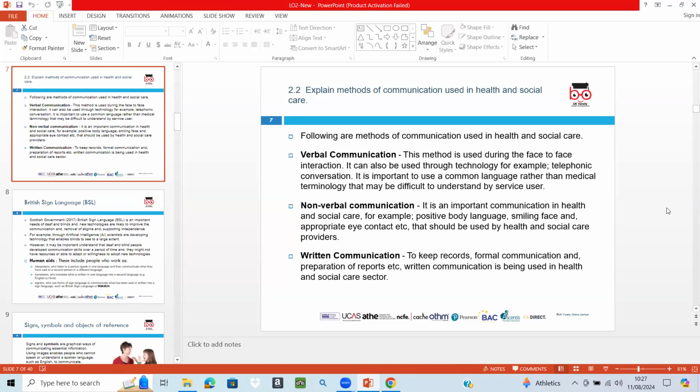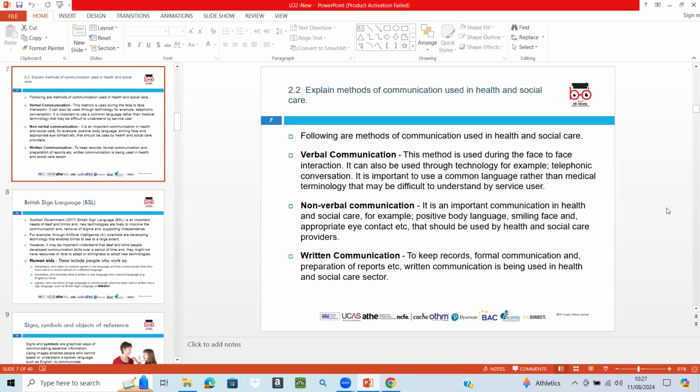Then we have written communication. Written communication is crucial for documenting service user care and ensuring that the records are effectively maintained. As an example, when writing in a service user's medical record, it's important to be clear and concise.